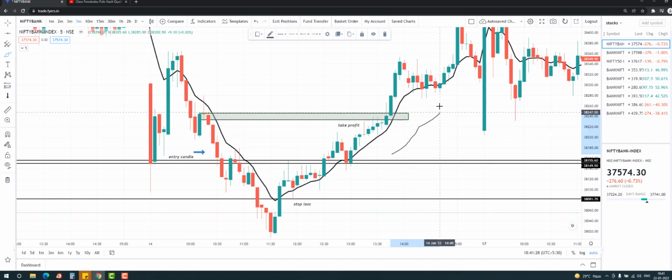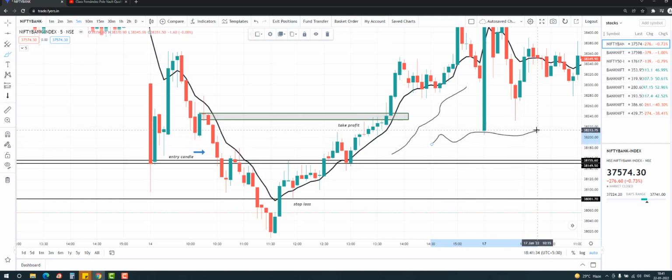Your moving average should be going like this, not flat. When the moving average is flat, this strategy is not going to work. When it starts slanting upwards, pointing at a 45-degree angle, that's when the strategy works best, and that is when you need to apply it.